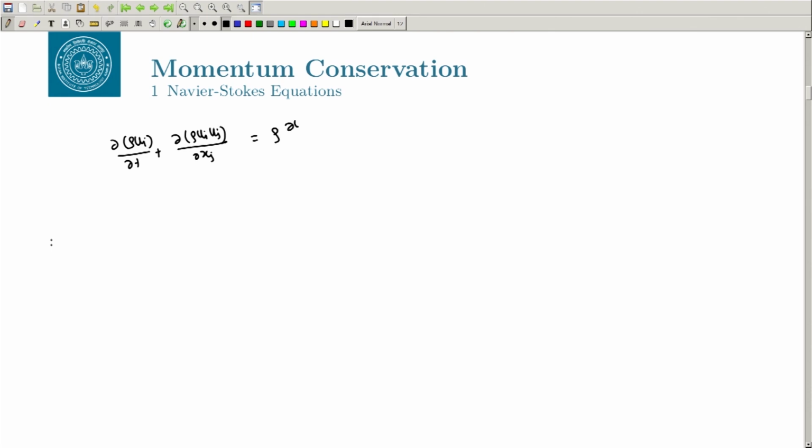So, this will become rho del u_i by del t plus u_i del rho by del t. This is the first term, and the second term, if I take the rho u_i together and u_j together, del by del x_j of rho u_i u_j, and plus you will have rho u_i del u_j by del x_j. Is this correct?